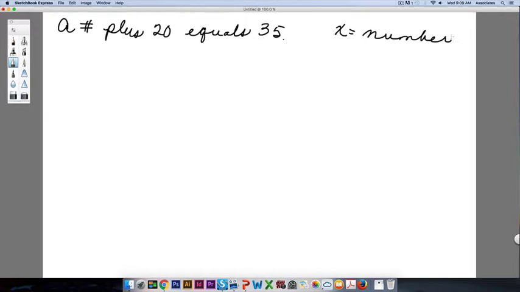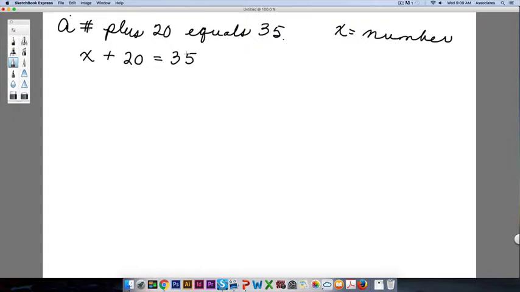You can pick any variable you want. If you want t, if you want a, as long as you write down what it starts with. Now a doesn't mean anything except it's referring to that we only have one of them. So the number is x, plus means addition, 20, equals means put an equal sign, and 35, and there I made the equation. That's all I want you to do now.